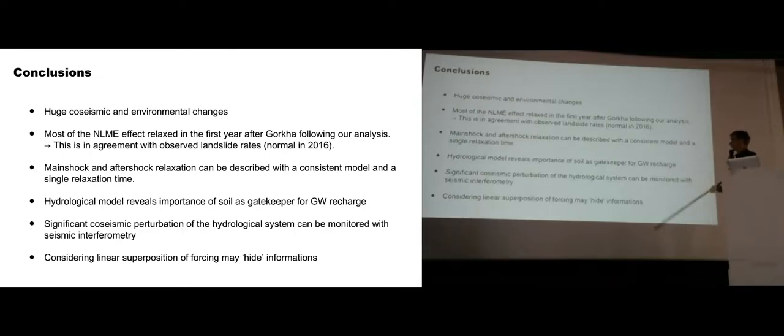We have a significant co-seismic perturbation of the hydrological system, and we can monitor that. And considering a linear superposition of strong co-seismic changes and hydrological or environmental changes might actually hide some information and be an oversimplification. Thank you.